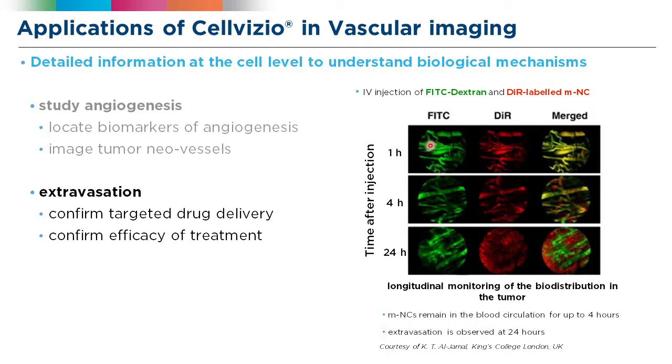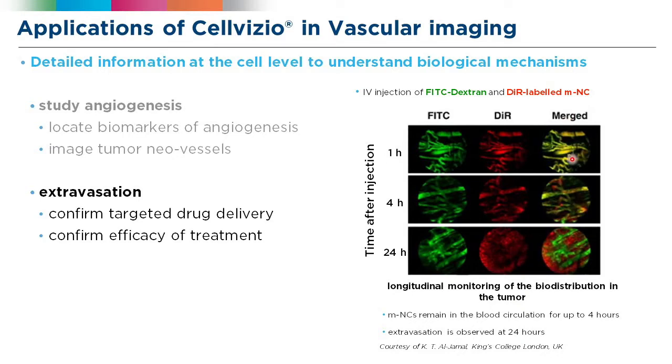tumor vasculature highlighted in green with the FITC-dextran at 1 hour, 4 hours, and 24 hours after the injection of the tracer. And these are labeled nanoparticles that fluoresce with the red laser, again 1 hour, 4 hours, and 24 hours after the injection.